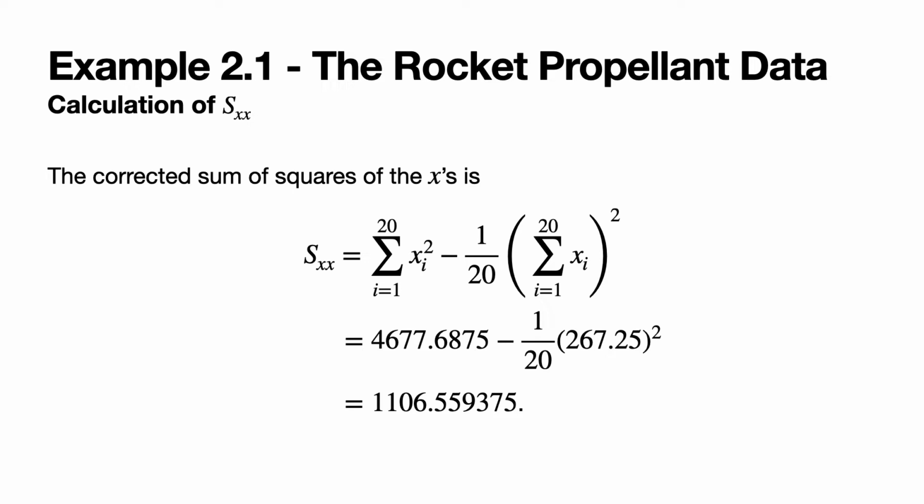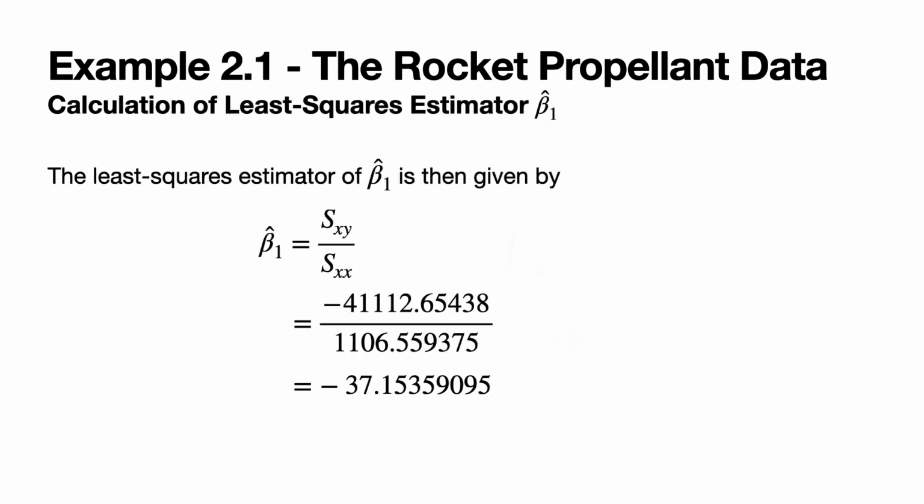So I've got both of those results in the calculator, and I can just, if you'll remember, arrow up and grab the numerator value, the negative 41,112.65438, press enter, then press the divide key, and then again arrow up and get the value for S sub xx, press the enter key, and so we're basically copying and pasting those values into the current calculation.